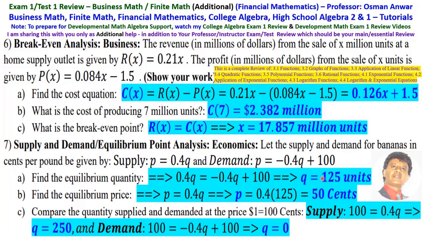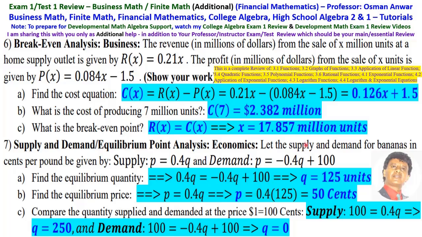This is the quantity that will be produced and consumed, or bought by the customer. So find the equilibrium price. For the equilibrium price, you can use either the supply or demand function. So P = 0.4Q, which is P = 0.4 times 125, which is 50 cents.